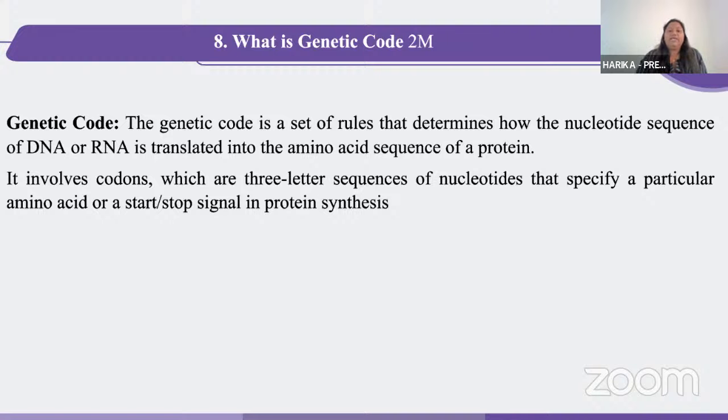Like that, our DNA has a set of rules, and these rules have to be followed in a sequence by the cells, acids, or proteins involved in DNA replication and so on. So the genetic code is a set of rules that determines how the nucleotide sequence of the DNA is translated. I'll tell you this in detail.